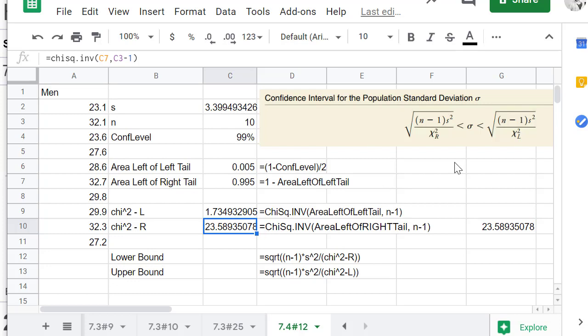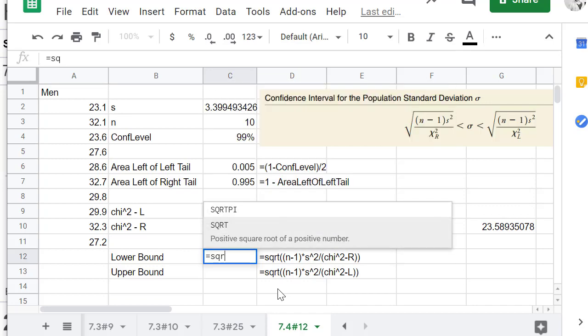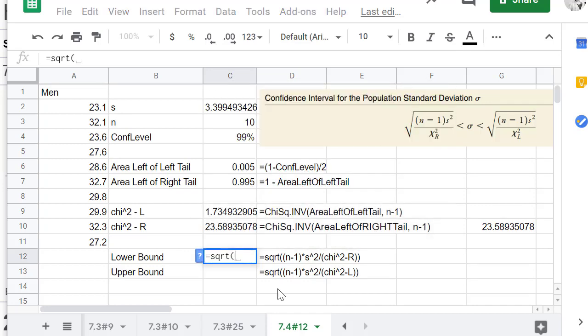Alright, we have chi-square left and chi-square right, and now let's find the lower bound. Notice that the lower bound uses the chi-square right value. So this is going to be the square root of n minus 1.